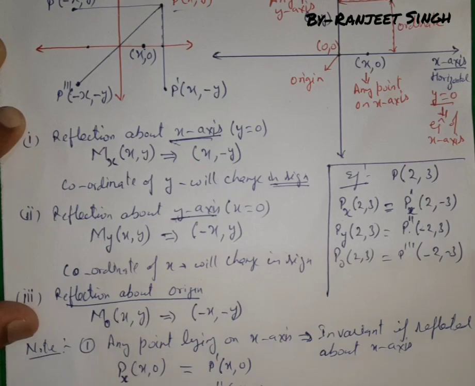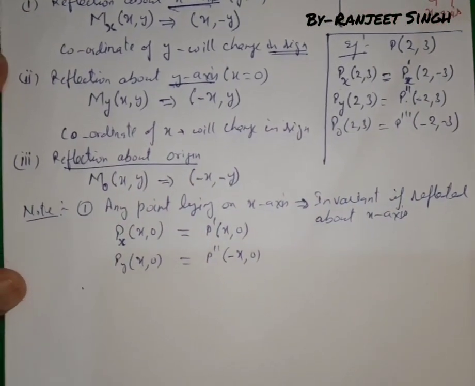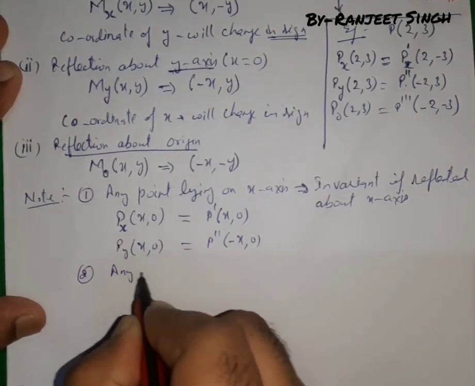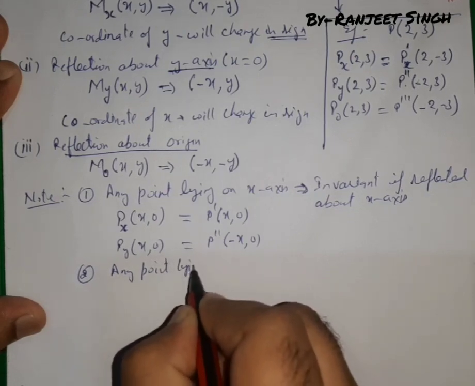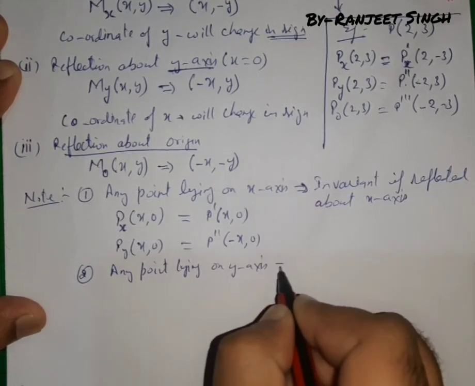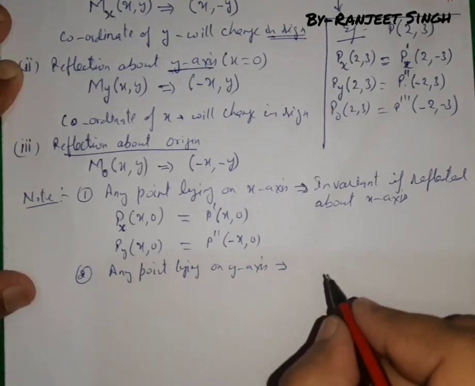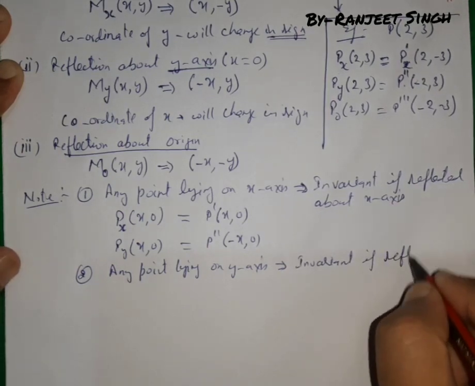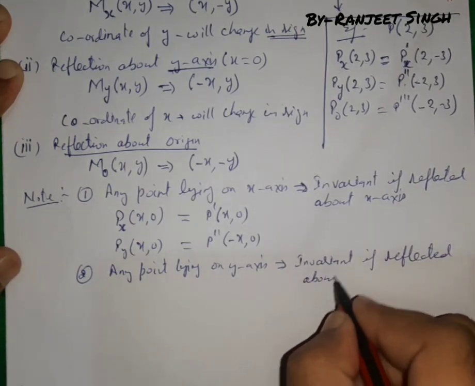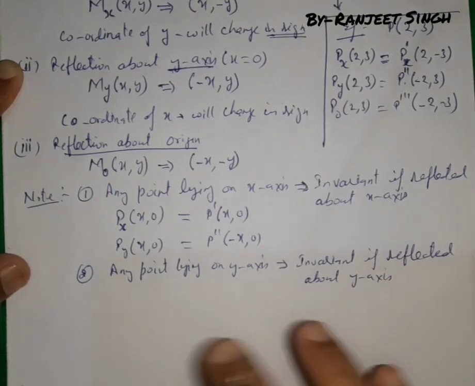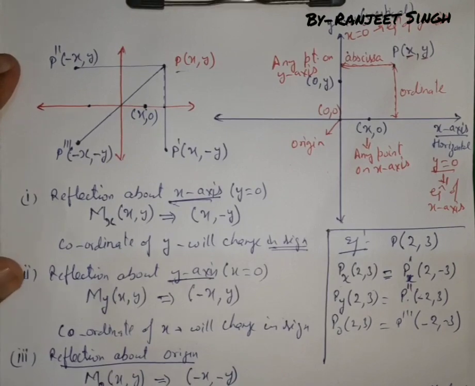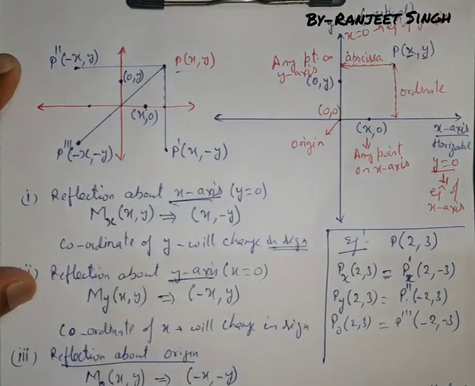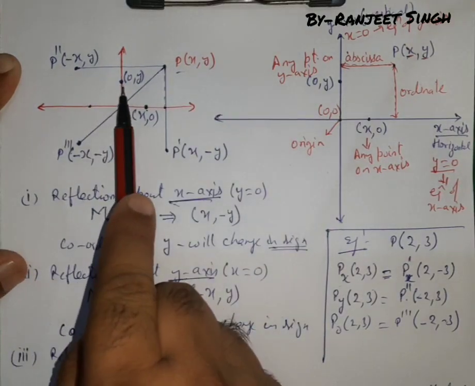Similarly, if any point is lying on y-axis, then this will remain invariant if reflected about y-axis. For this, let me now say that some point is here, so its coordinate will be (0, y), and now if I am reflecting this through y-axis, then this will remain here only.